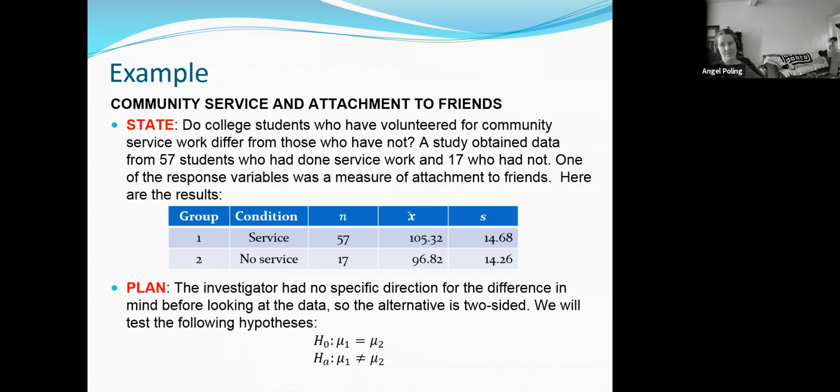Or the other thought would be, people who do service for strangers probably super love their friends, right? Because if they love strangers, they're going to love their friends even more. So the investigator doesn't know which way it goes, and we're just looking at a two-sided test: there might be a difference, we just don't know which direction.